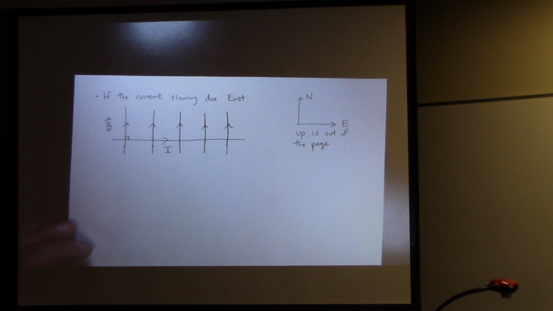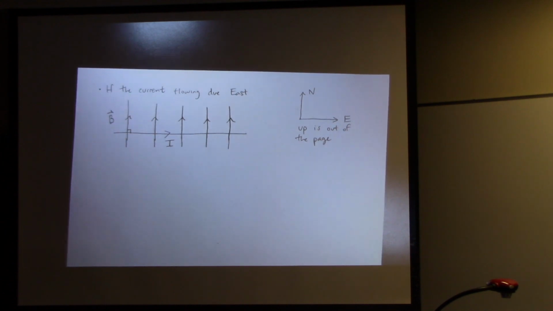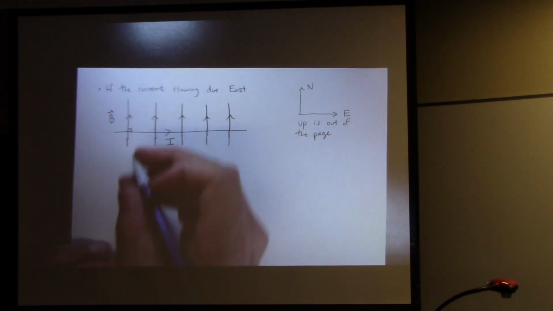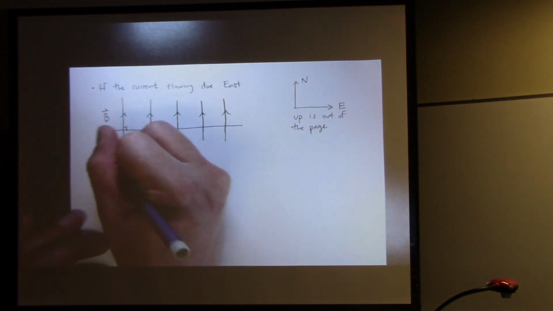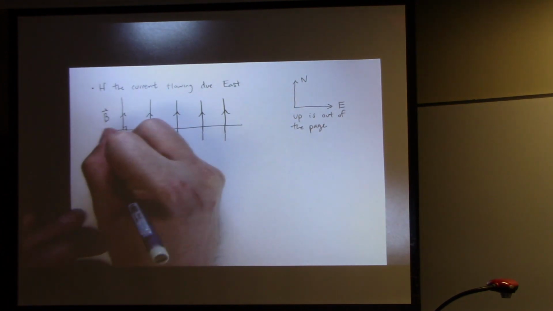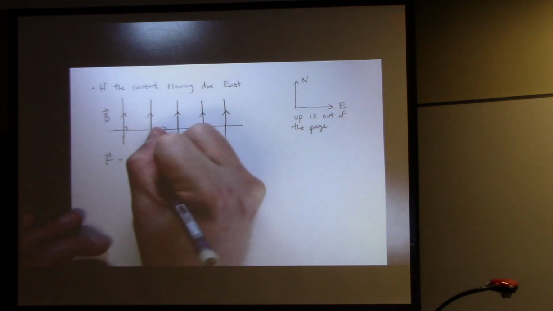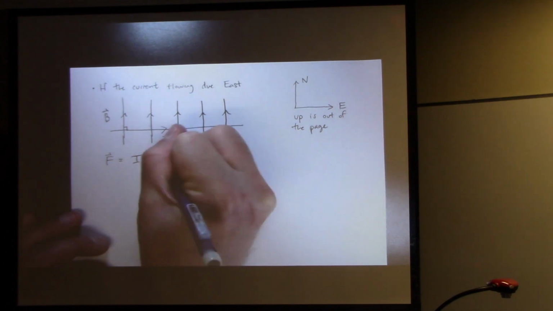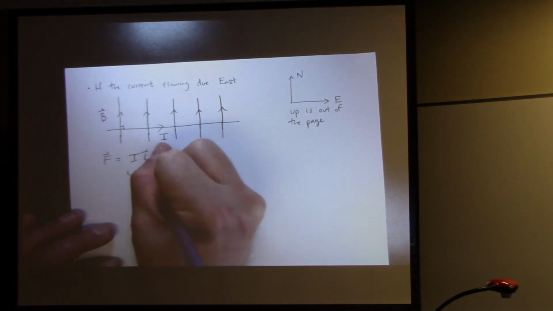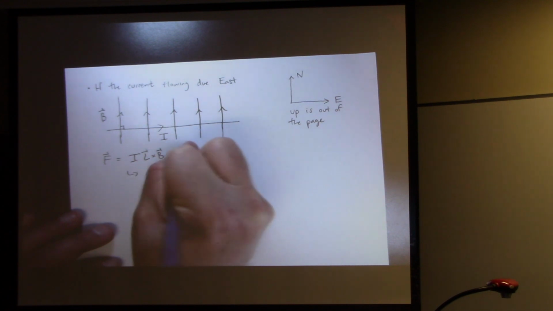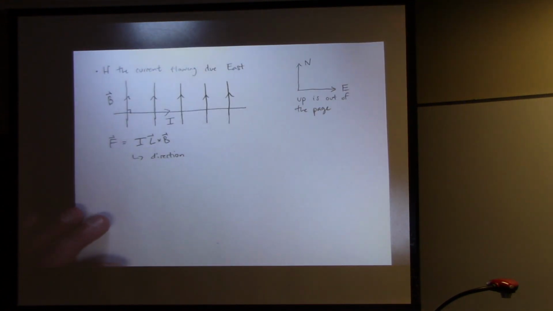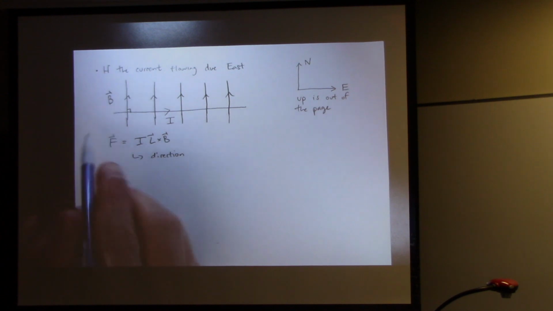So I know there's going to be some kind of force. And if I want to get a sense of what the direction of the force is, using IL cross B, the direction is going to be given by the right-hand rule. Remember how this works.